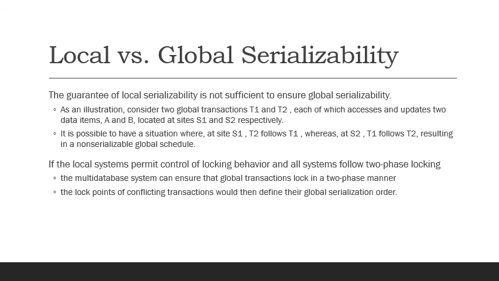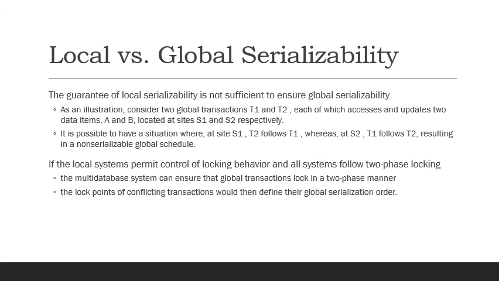Now let's see local versus global serializability. The guarantee of local serializability is not sufficient to ensure global serializability. As an illustration, consider two global transactions T1 and T2, each of which accesses and updates data items A and B located at sites S1 and S2 respectively.